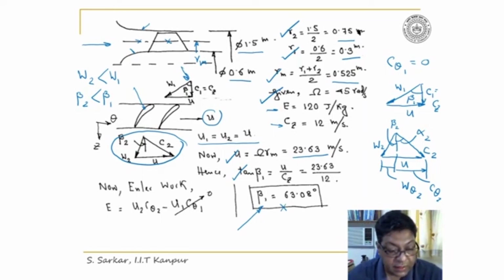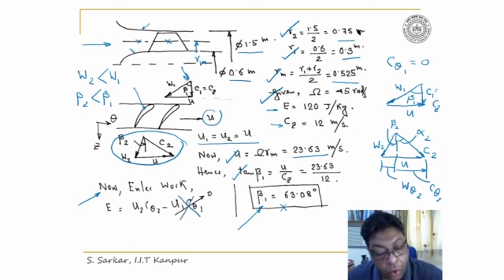After calculating beta 1, I'll have to calculate beta 2. Thus, let me project all our work. E is equal to U2 into C theta 2 minus U1 into C theta 1. However, as C theta 1 is equal to 0, this component will go.